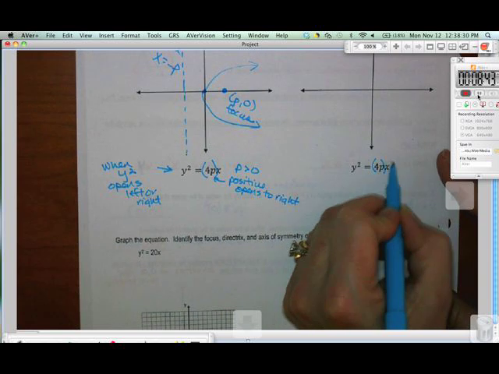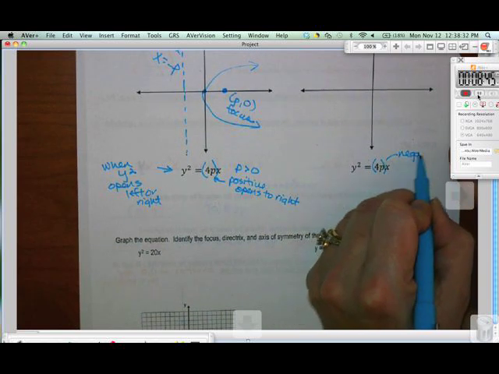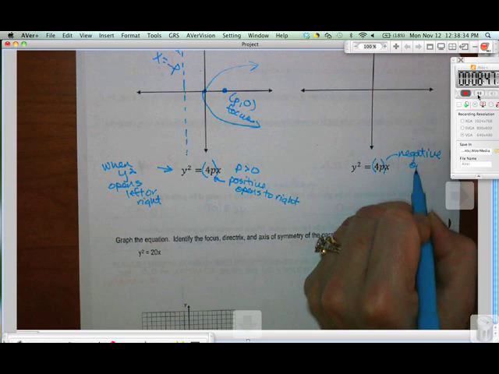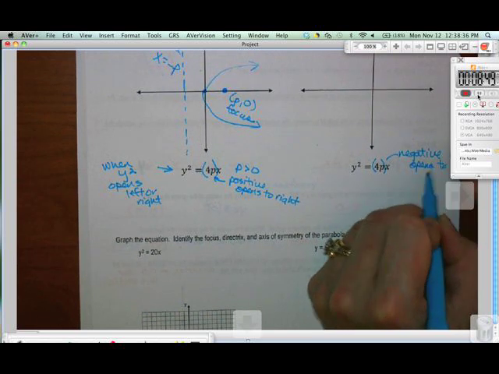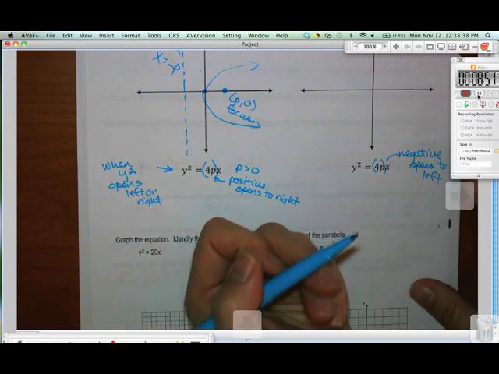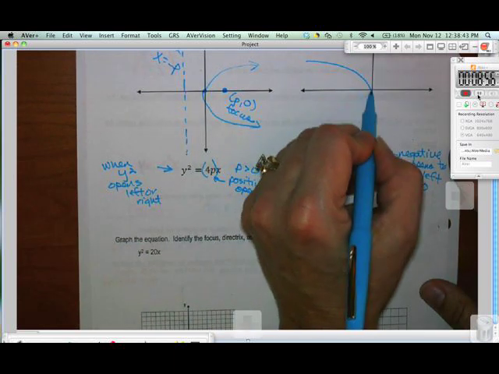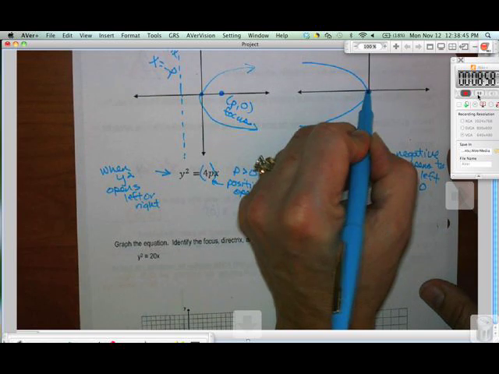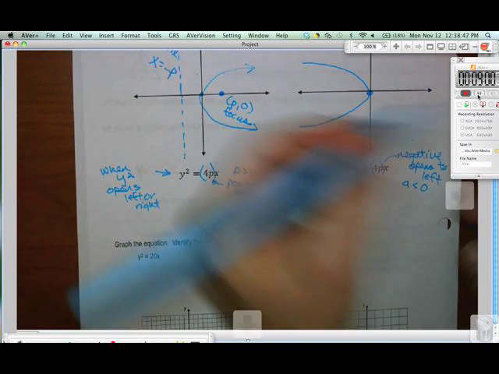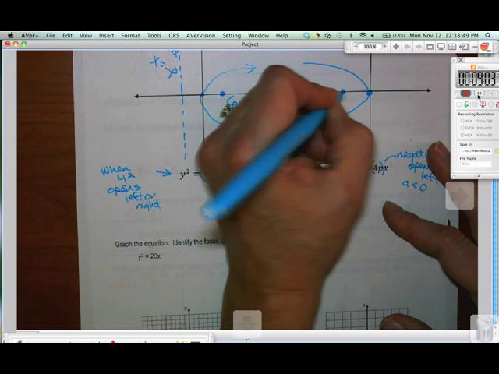Okay, so here we have another y squared, and if this is negative, that means it opens to the left. And a is less than 0. So I'm going to just sketch that here. Again, my vertex is still at (0, 0). But this tells me now that the focus is here, also on the x-axis.